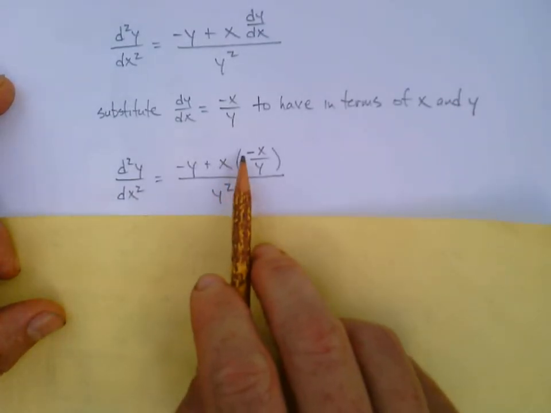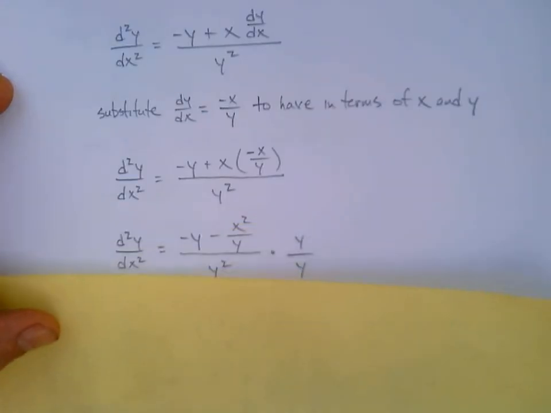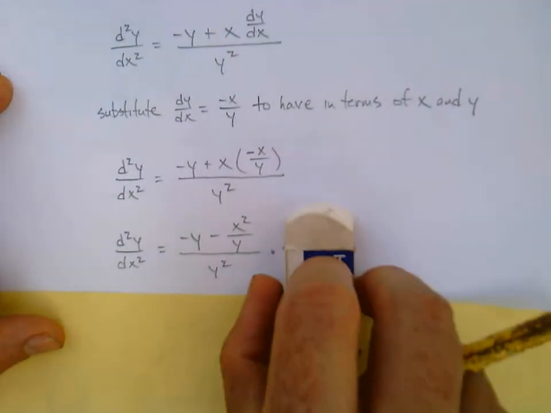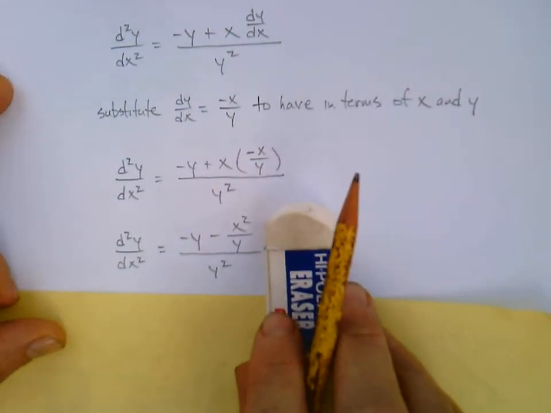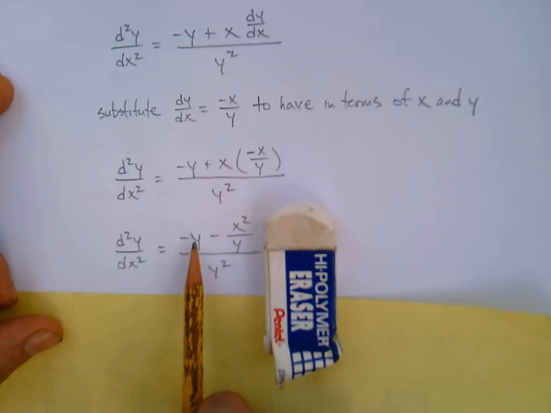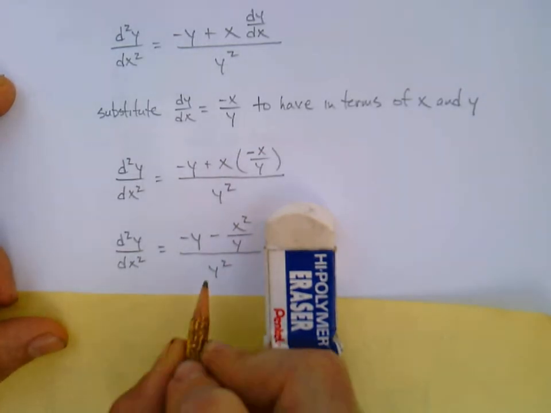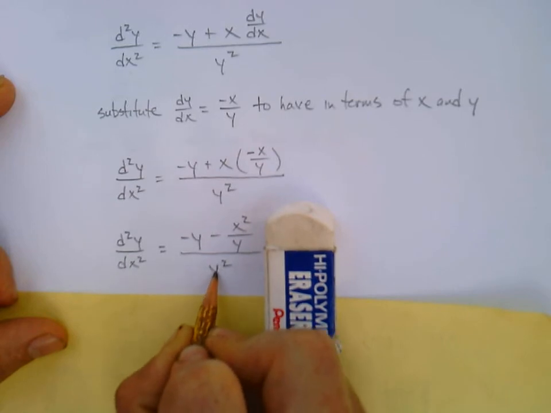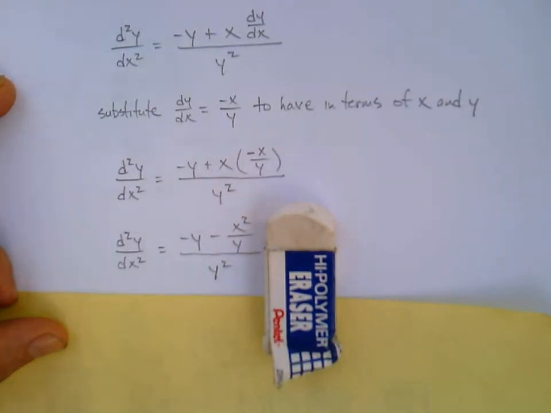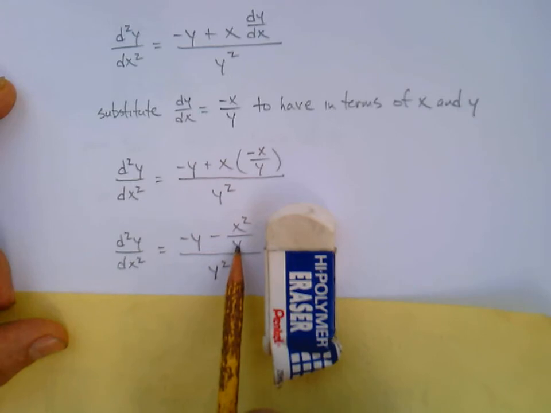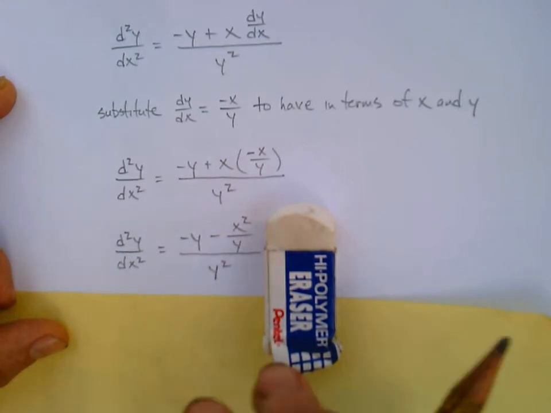Okay, well, if we multiply that up, we'll just ignore this part for a moment. We've got negative y minus x squared over y, all over y squared. You think, a fraction inside of a fraction. We can simplify further. What should we do? Hey, let's multiply everything by a y.